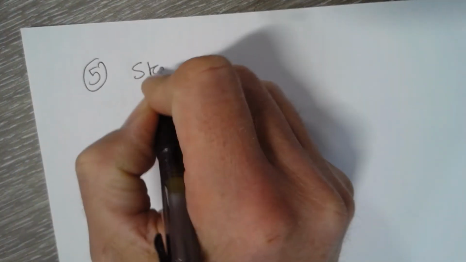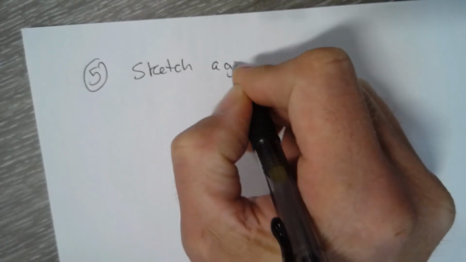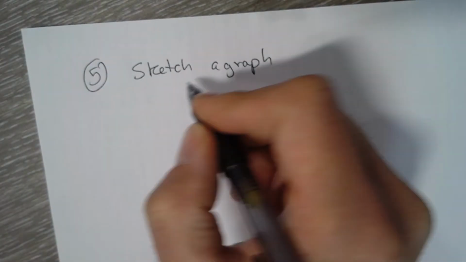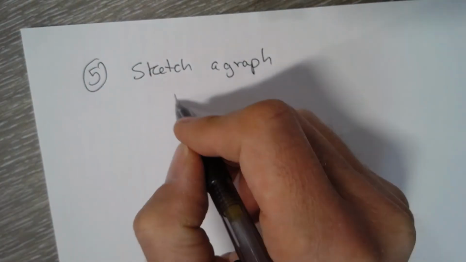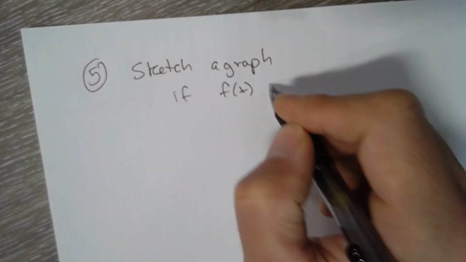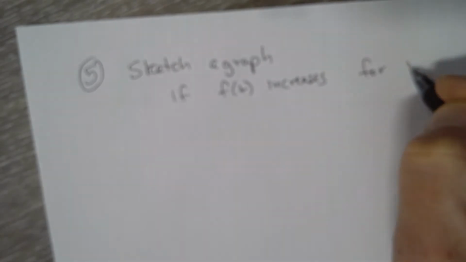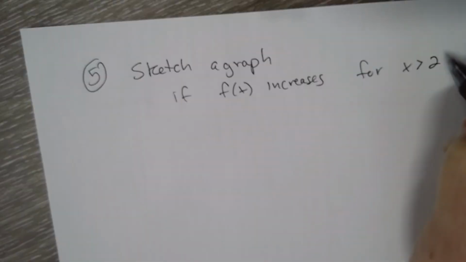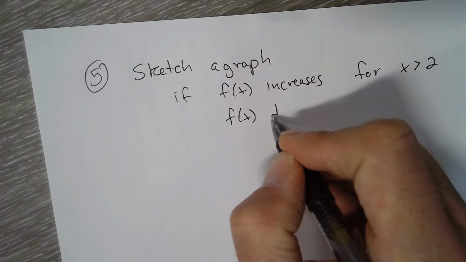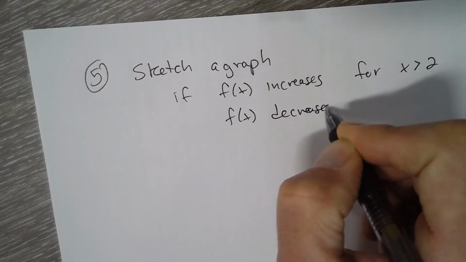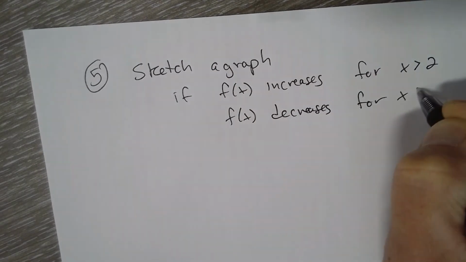Alright, so number 5, something new for you. I want you to try to sketch a graph if f of x increases for x greater than 2 and f of x decreases for x less than 2.